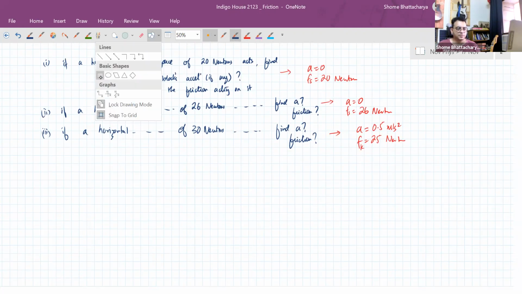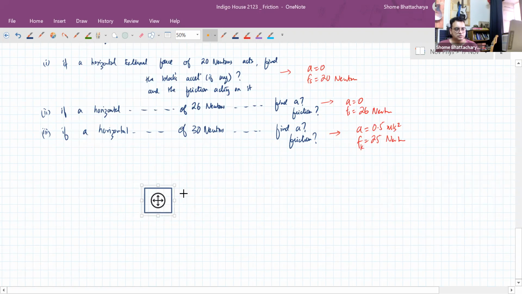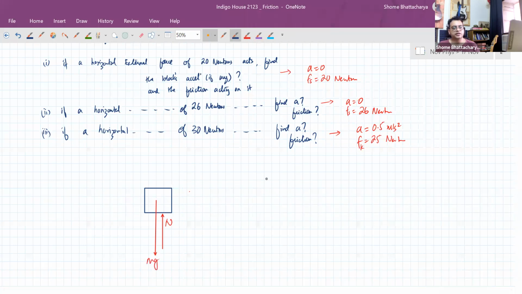So now let me explain both the cases possible here. Depending on how much force we apply, because the block is initially at rest, whether we are able to overcome the limiting static friction or not is what will tell us first of all whether there is acceleration or not. Everything I'm working out in the inertial ground frame.